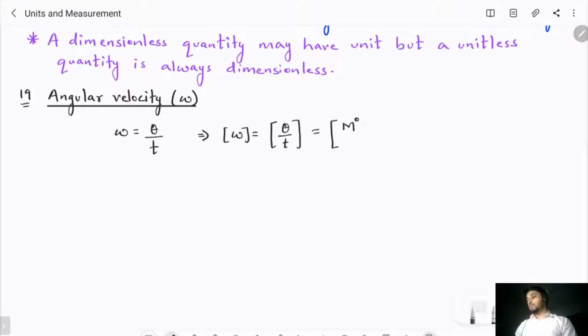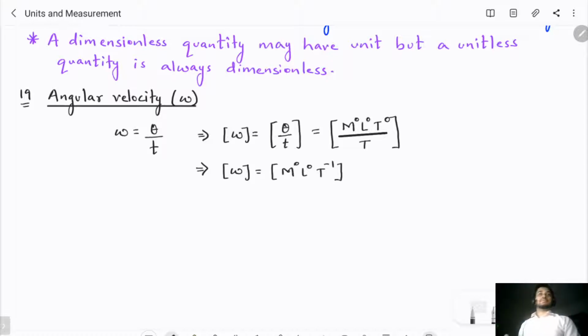So we'll get M to the power 0, L to the power 0, T to the power 0 divided by T. So in standard form, the dimensional formula for angular velocity becomes M to the power 0, L to the power 0, T to the power minus 1.